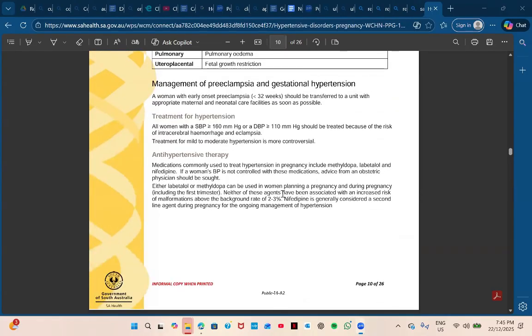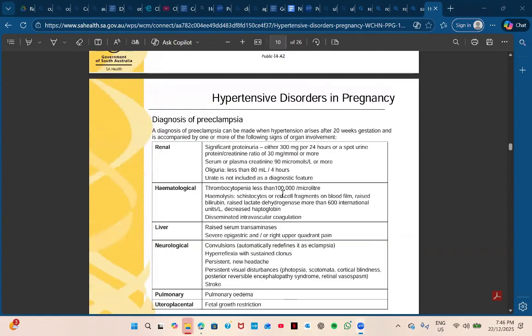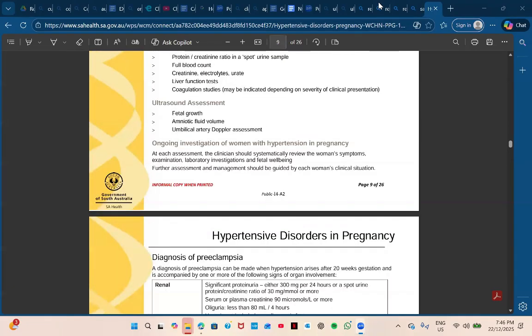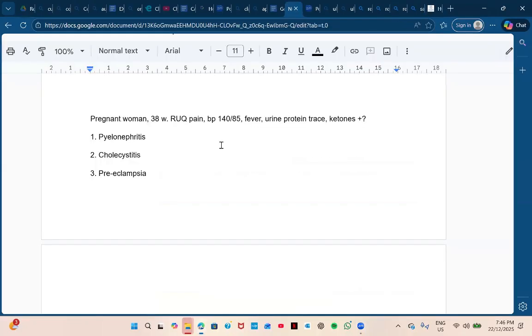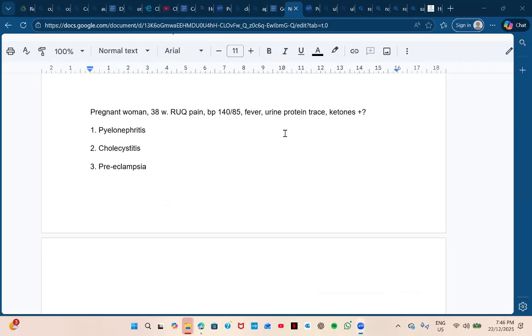So I think from here cholecystitis makes more sense than preeclampsia, right? What do you think? But it's fine.